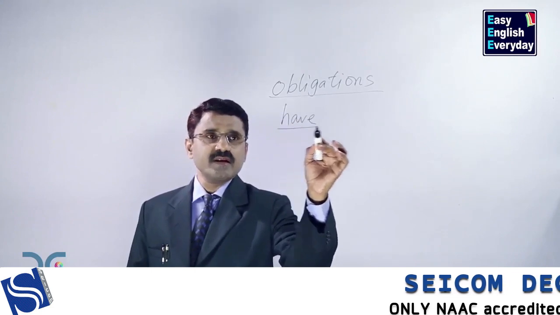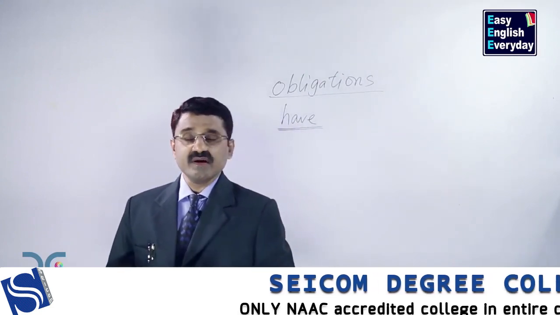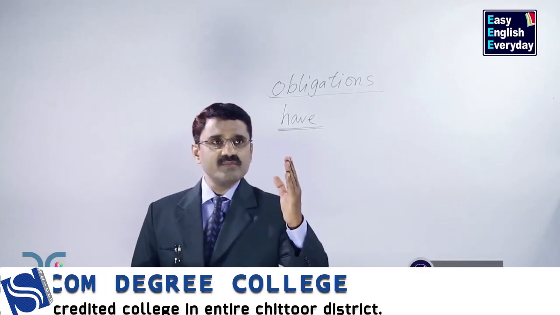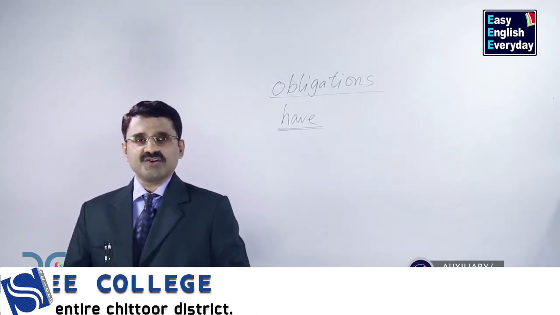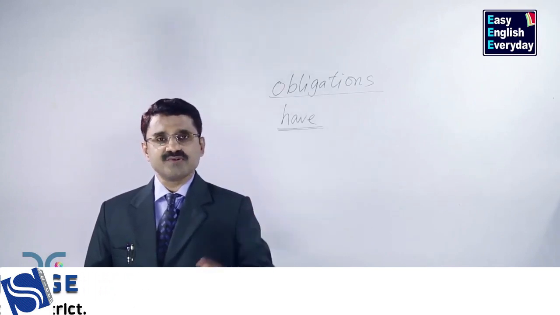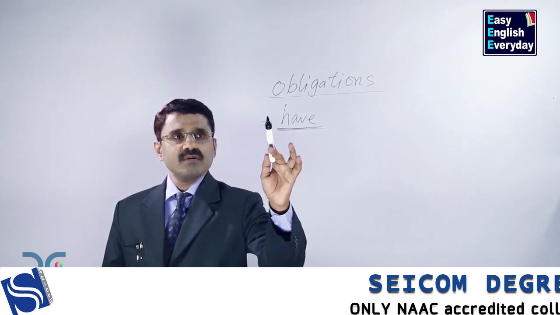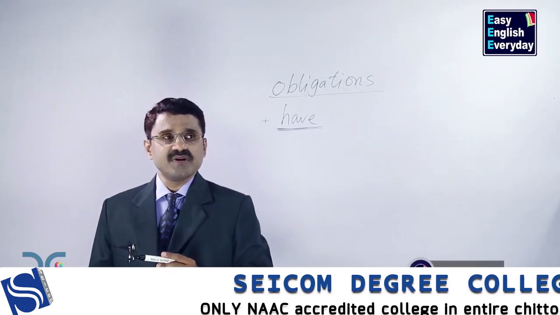Have is an important person in English language. We call him verb. We can call him auxiliary verb or action verb according to his position in the sentence. Now, he indicates present tense.